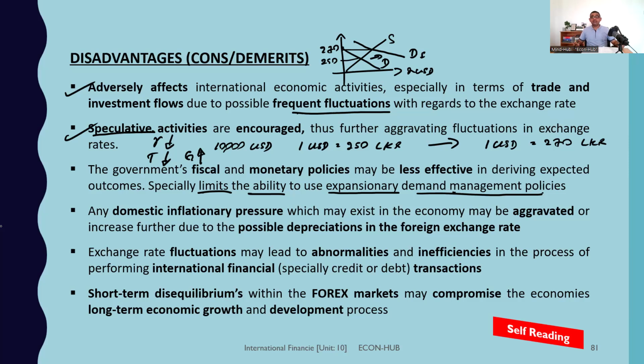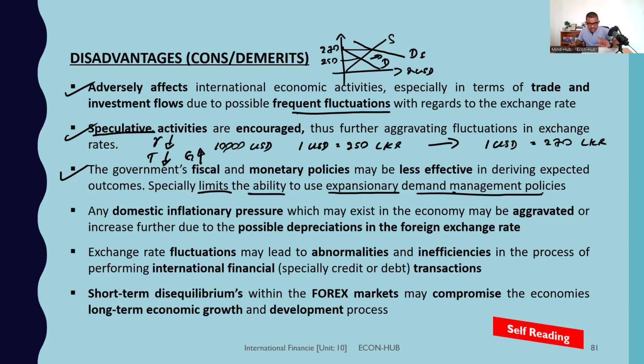rate system that reacts to changes in demand and supply, changes in the economy. Get it? A fixed system, no change. Kept fixed. So that's that. Then any domestic inflationary pressure can have a big impact.